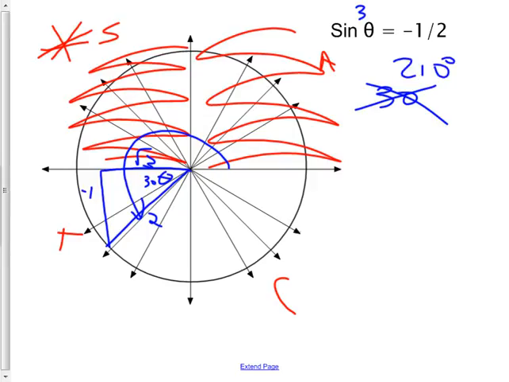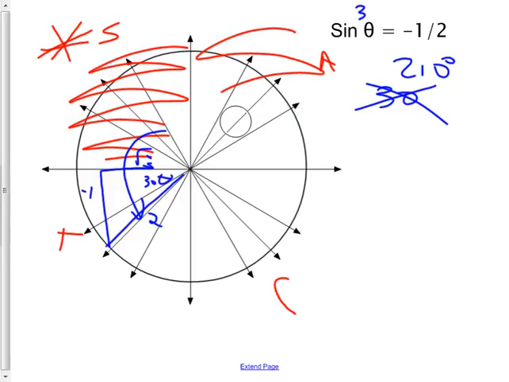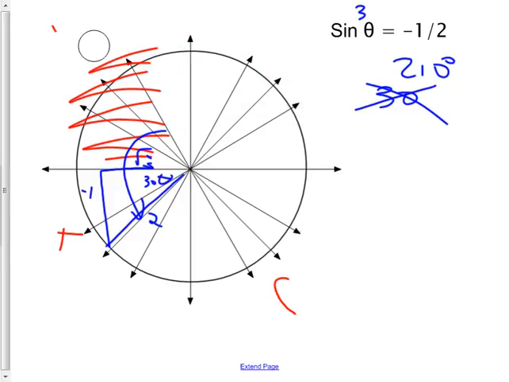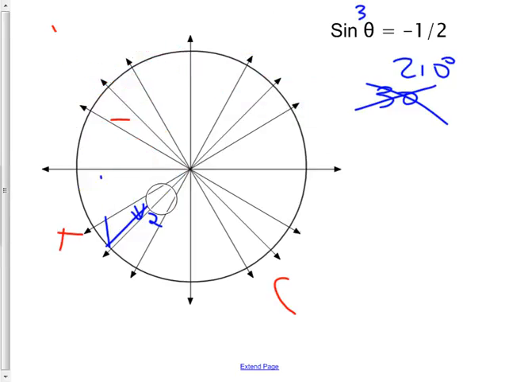Now, would you please draw the other triangle over here? Yes, it's going to be strikingly similar, but it's not the same answer. It's going to be some answer that's close to 300 because it's way over here. 330.